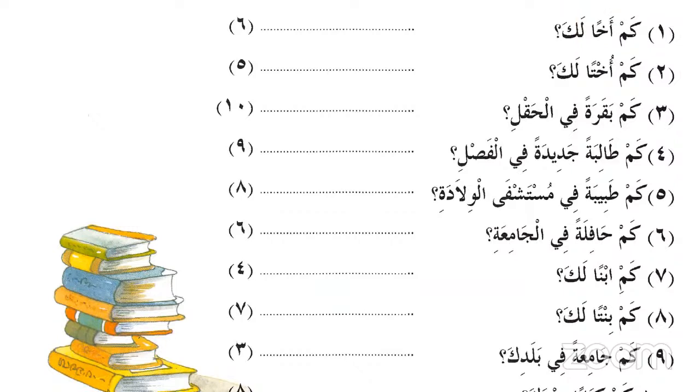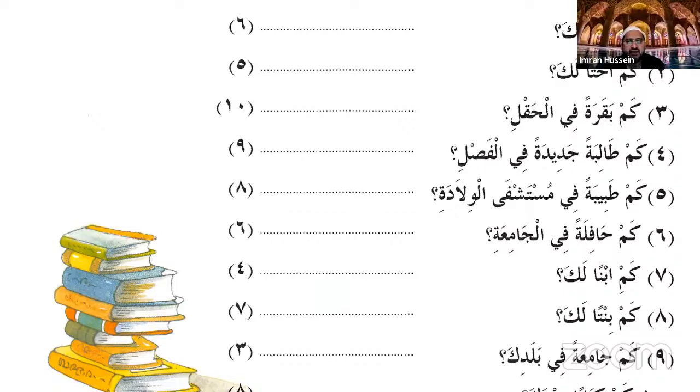Whenever there's an adjective for a human being, the adjective will come in the plural format. But if the noun is non-human, the adjective will come in the singular feminine.